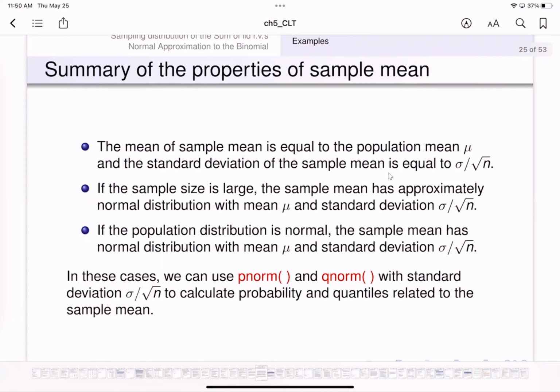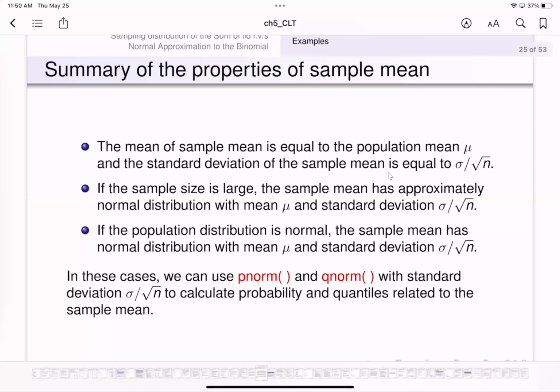The standard deviation of those values will be equal to sigma over square root of n, where sigma is the population standard deviation of the original xi, and n is the sample size. If the sample size is large, then the sample mean would be approximately normally distributed with this mean and standard deviation, and we no longer have any requirement about the population distribution.